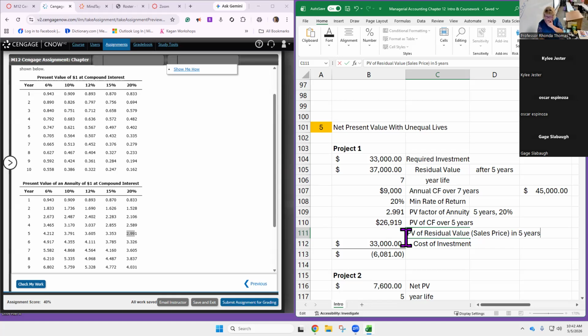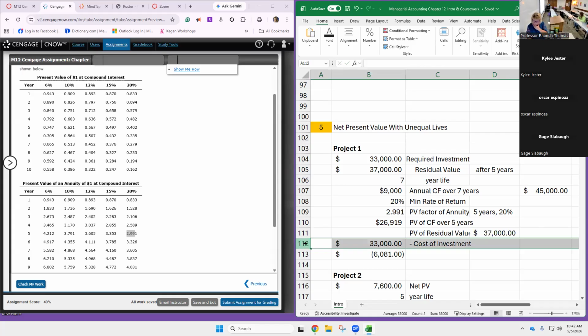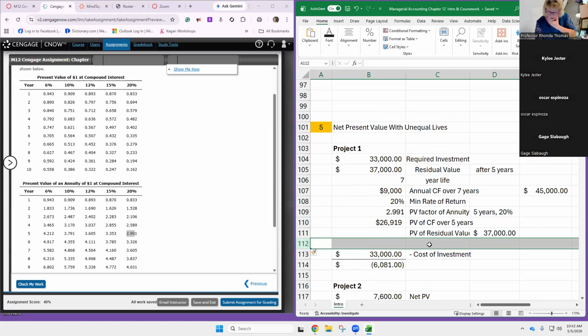Okay, so I'm going to show how I'm going to calculate that here. You use this table because it's one amount of 37,000. I'm going to show you the present value factor that we're going to find. So present value factor, present value of $1, because it's just one amount. And we're going to use 20% and 5.